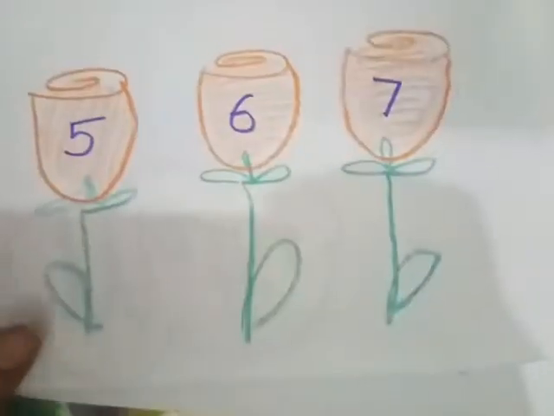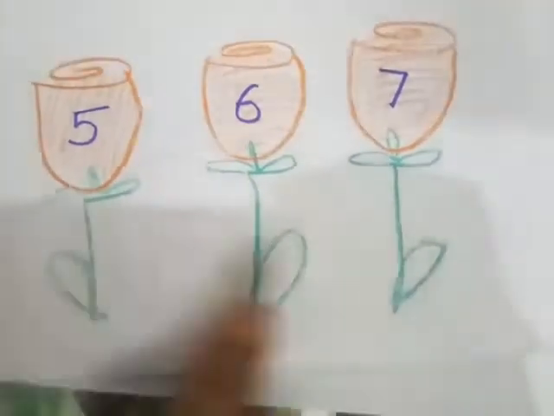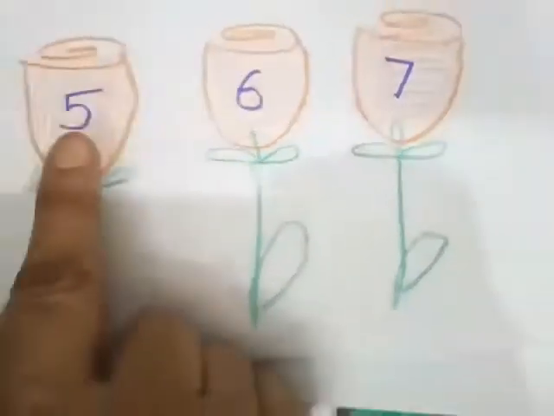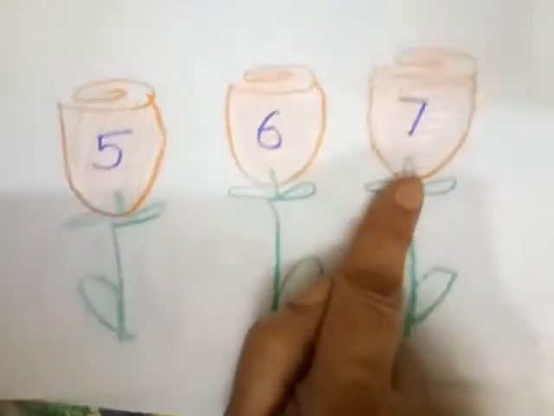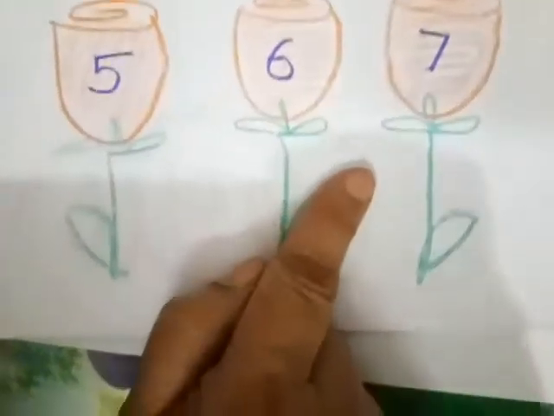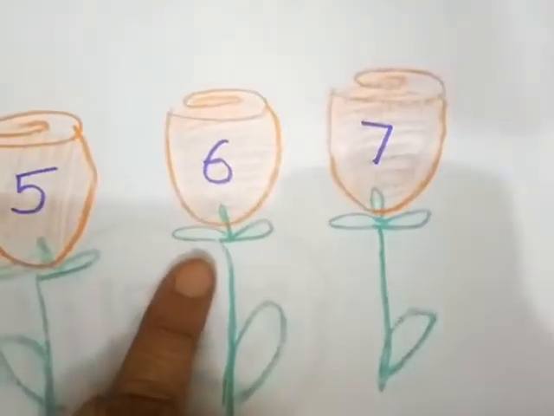Can you see the beautiful yellow orange roses? 5, 6 and 7. Every orange rose has a number. You can see the numbers.